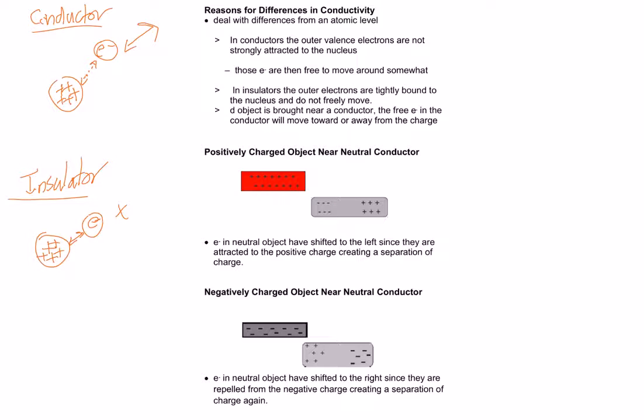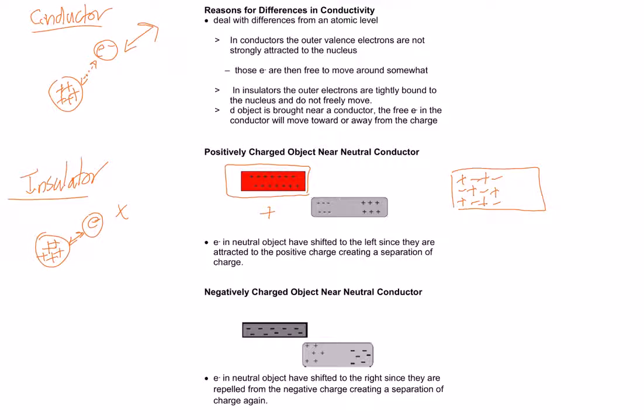The first thing we're going to look at is what happens when we have a positively charged object move towards something neutral. In this case, we have a red rod that's positively charged. As we get it closer and closer to something neutral, imagine that a neutral object has protons and electrons, fairly evenly spaced throughout the entire metal, so we have an equal balance.